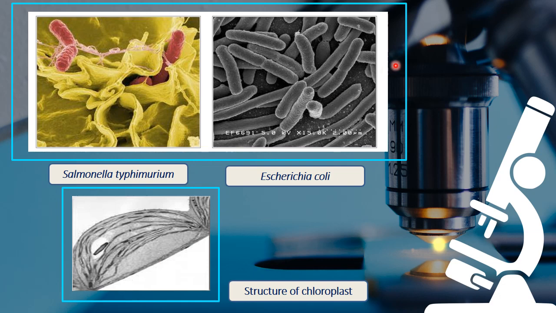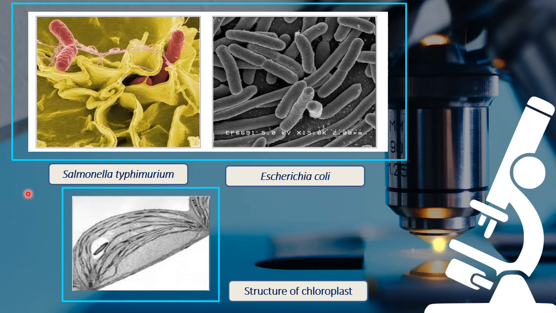Okay, so these are examples of images that we can observe using the electron microscope, particularly the TEM. By using the TEM, we can observe smaller objects, for example, bacteria, and we can see them in a very detailed manner.